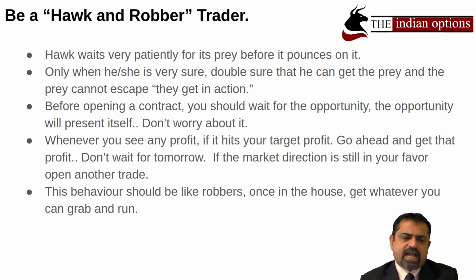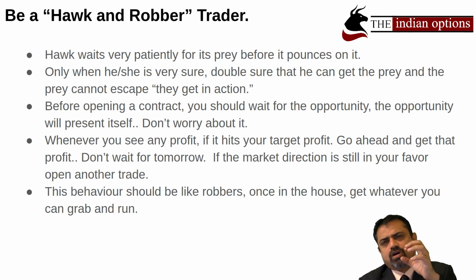And the last thing that I really want to explain here is that you need to be like a hawk, and you need to be like a robber. Like a hawk meaning what? A hawk waits very patiently to find its prey. Once it finds the prey, it will make sure that the prey cannot escape from its claws.